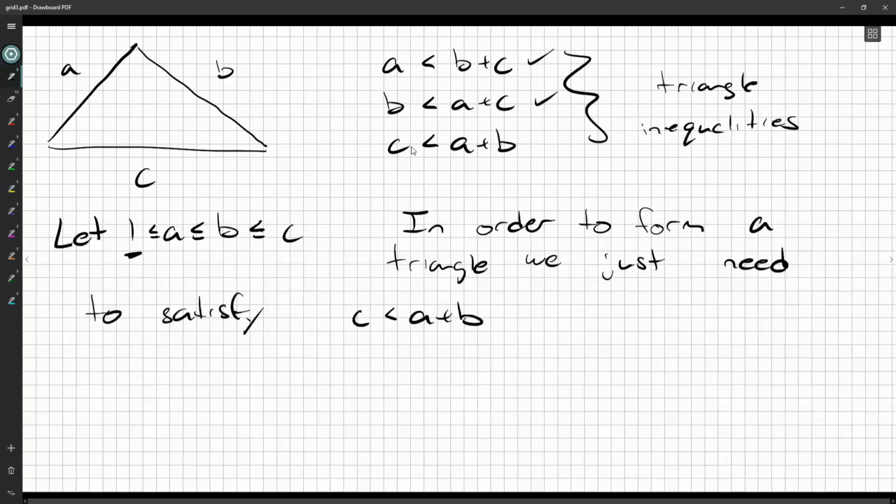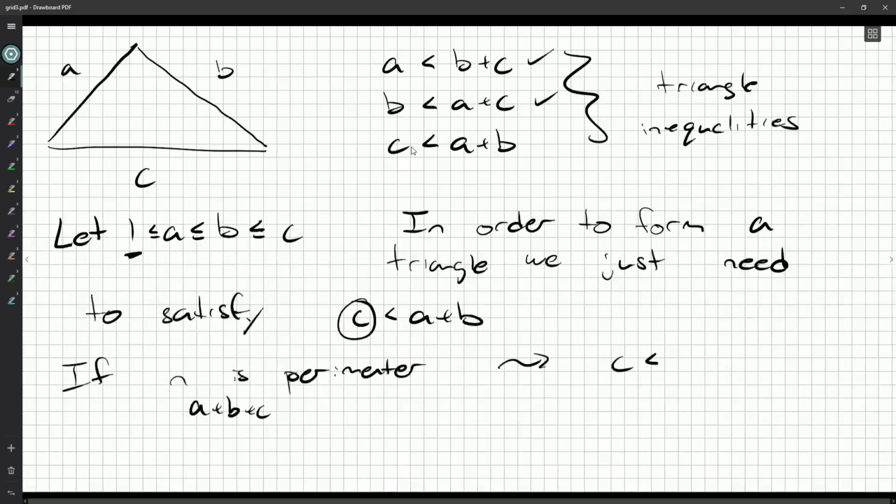Well, having one inequality with C makes me think maybe I should take a look at other inequalities with C. So, for example, if n is the perimeter, then this turns into C must be less than A plus B. C plus A plus B is equal to n.